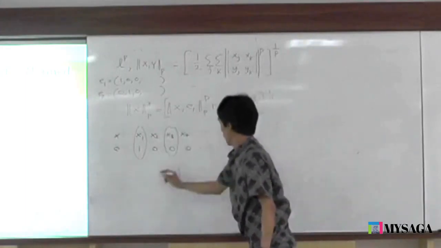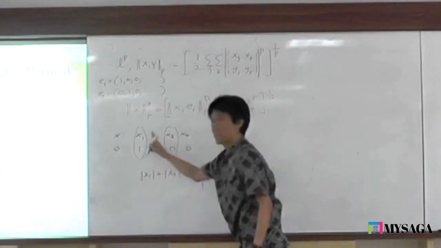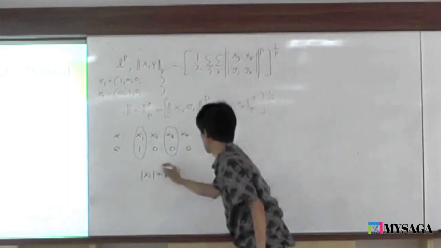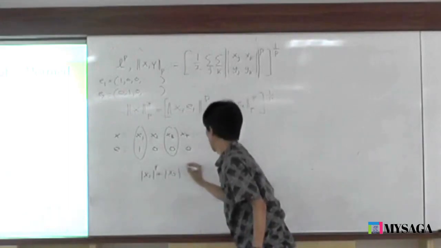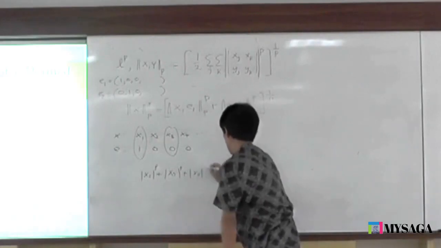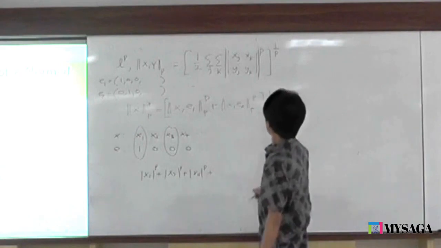And if you do that, you get everything except x1. So you get this to the power of p, that to the power of p, the absolute value of x4 to the power of p, and so on.